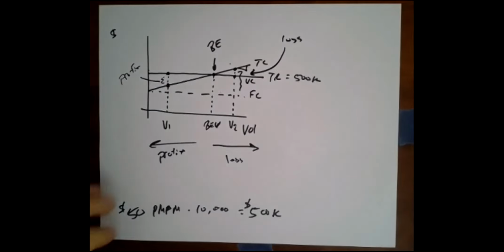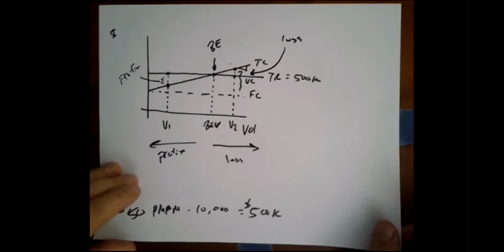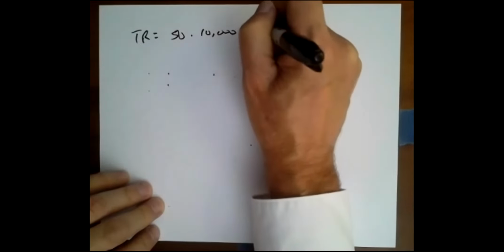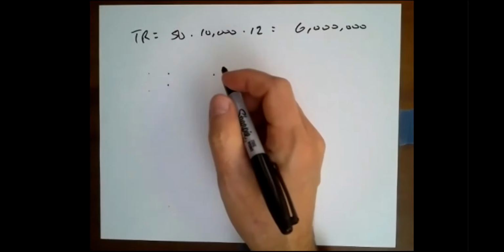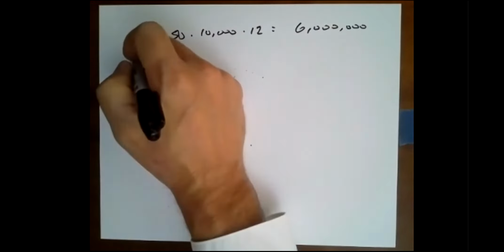So for this one, if we have total revenue equal to 50 times 10,000 times 12, for 6 million, then there's no variation for volume, so that's going to always be the same.